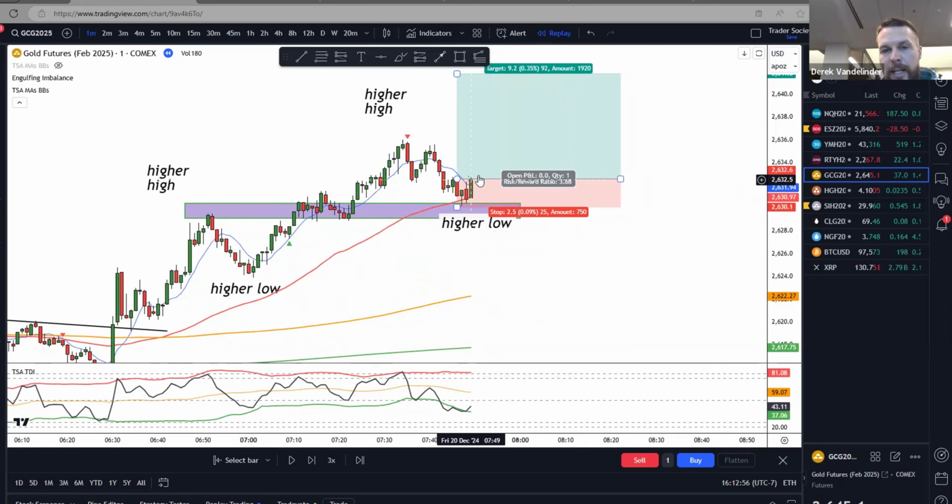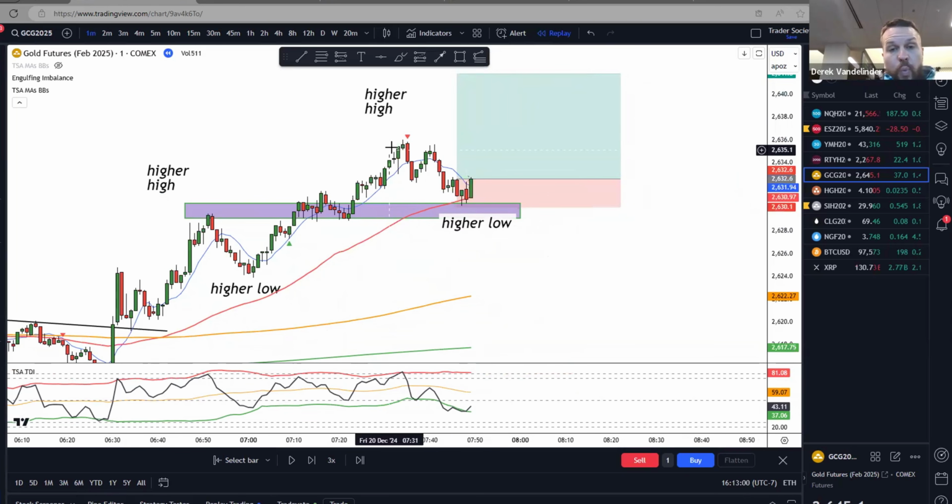Stop loss goes here. When price reaches maybe an area where it can reject, sometimes I'll put my stop loss in profit. That's going to be another thing that we learn later on. But this is essentially what I do here.